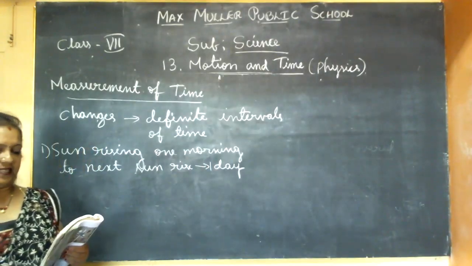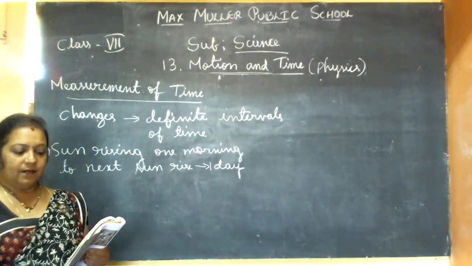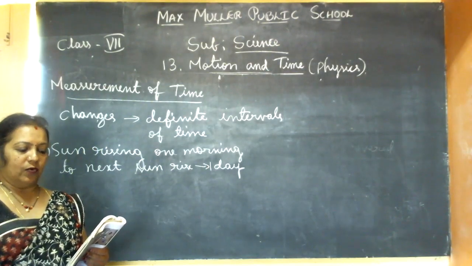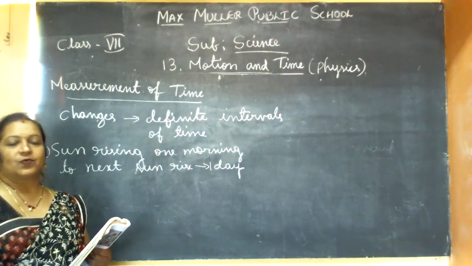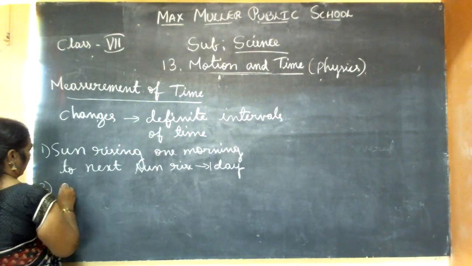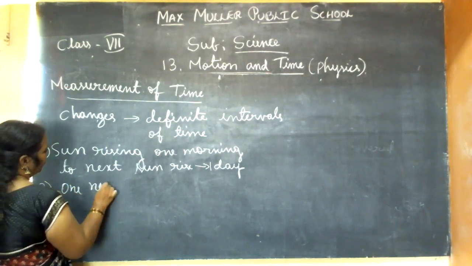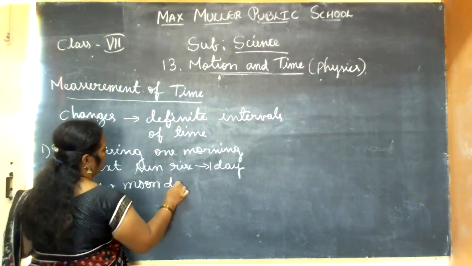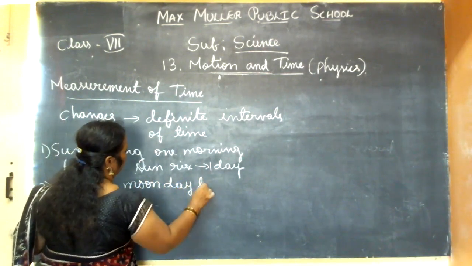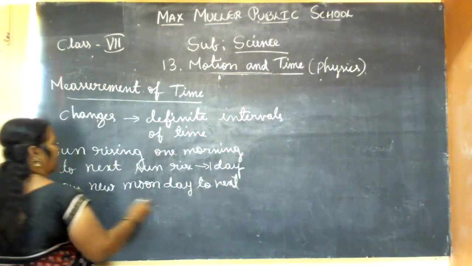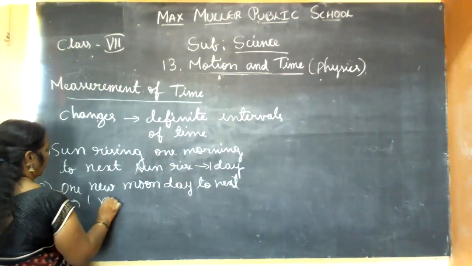Then similarly, a month was measured from one new moon to the next one. So secondly, they consider one new moon day to the next new moon day as 1 month.